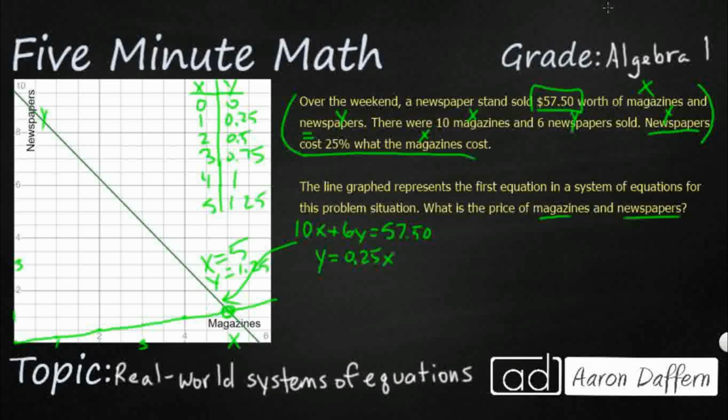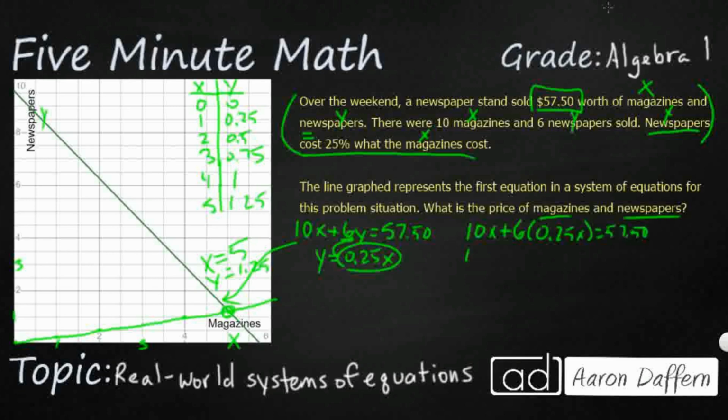Well, this is a system of equations, which means the x's and the y's are talking to each other. It's already set up for substitution, right? Let's just substitute that in right there. So let's say 10x plus 6 times 0.25x equals 57.50.